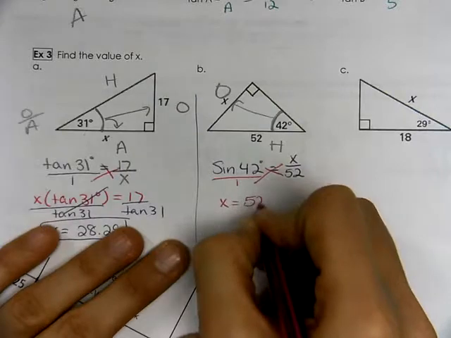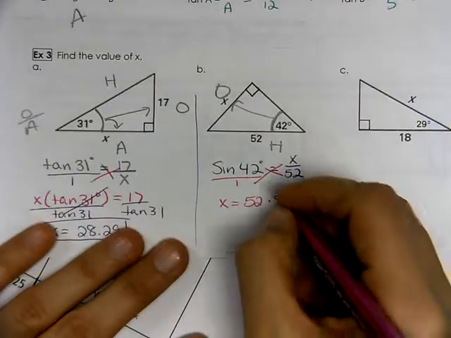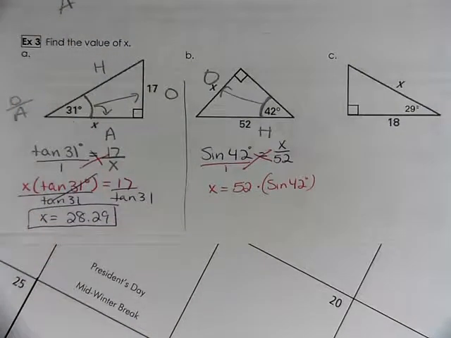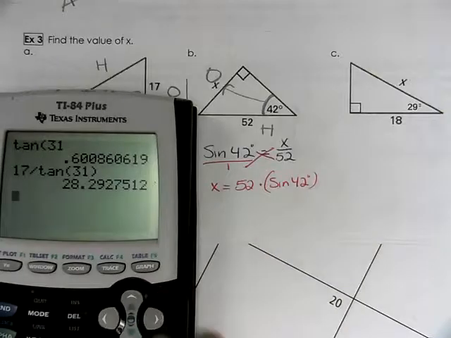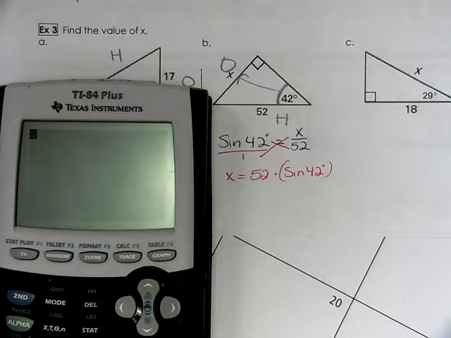X is just 52 times the sine of 42. Just be careful. Don't do 42 times 52 and then take the sine. That's weird. In your calculator, I always try and put the normal number first. 52 sine of 42.